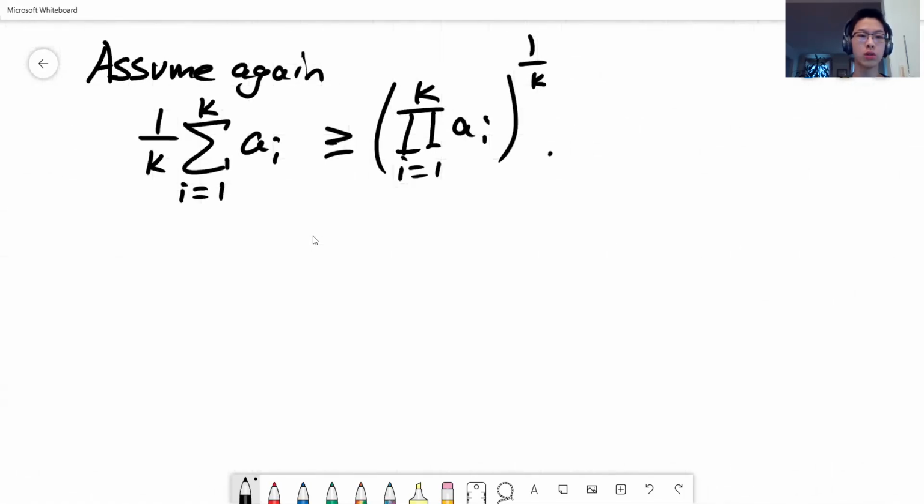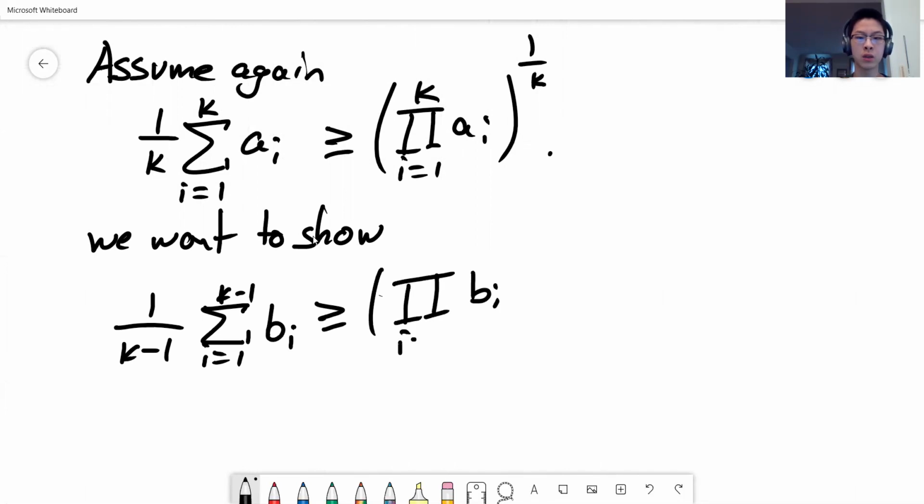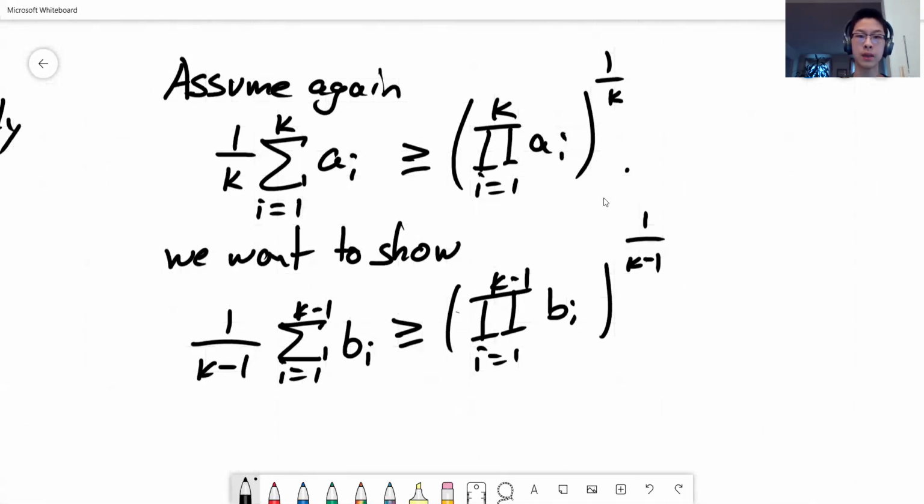Now we want to show that this inequality is true for any positive values of b_i: that the average of k-1 of the b_i is greater than or equal to the (k-1)th root of the product of those b_i. So we have to somehow use this inequality to prove the previous inequality.